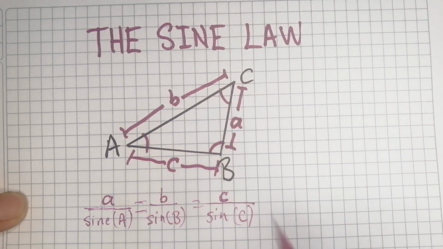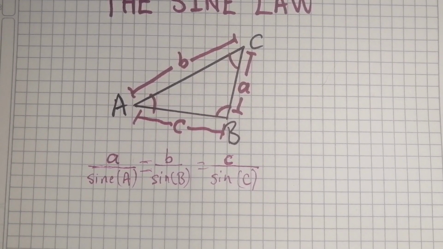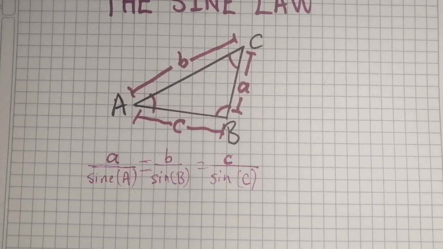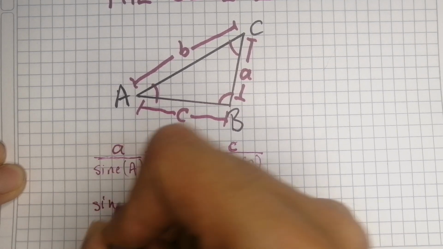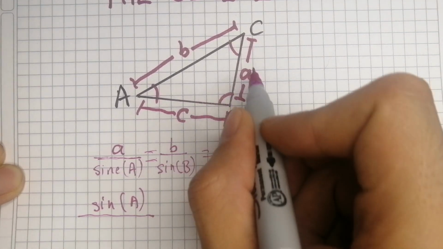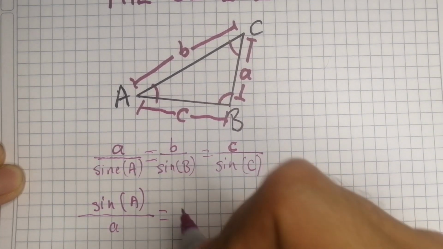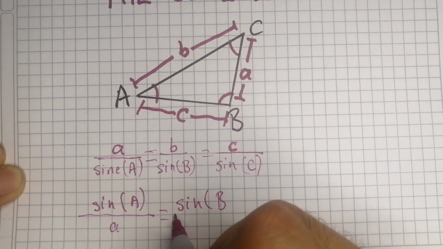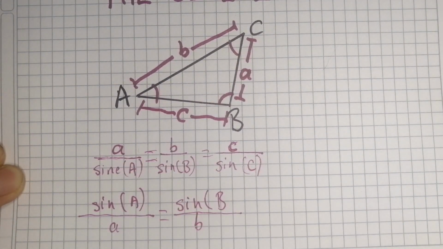Uppercase C, this angle over here. This law that we just stated works exactly the same if we work with the inverse version of these fractions that we have here. So we can rewrite that as the sine of the angle A, this one that we have here, divided by the side a, the opposite side to that angle, is equal to the sine of the angle B, this one down here, divided by the length of the side b, lowercase b down here.